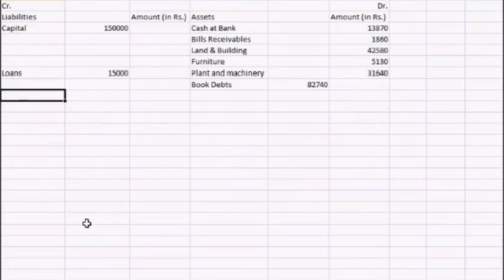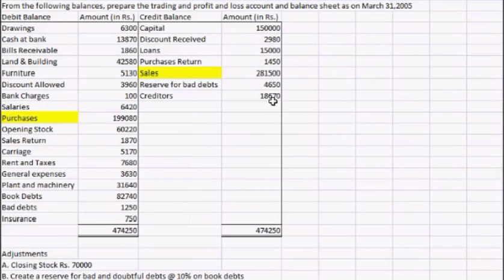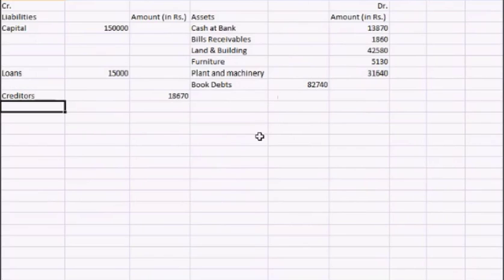Okay, the next one we have here is creditors. Creditors are part of liabilities, so we'll enter that on the liability side. So we have creditors, and we'll write the amount. We'll take this amount.